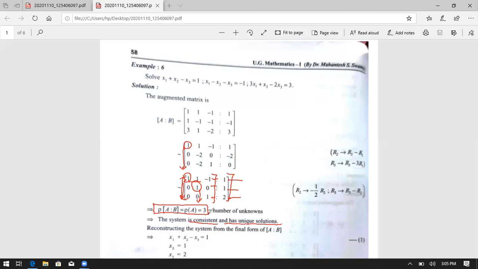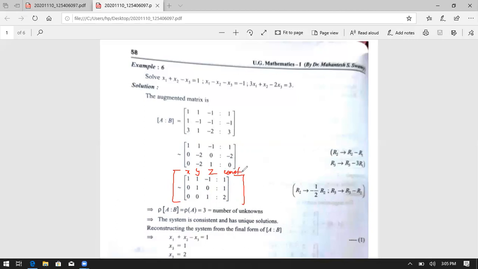That unique solution means the next step is to reconstruct the system from the final form of AB. Reconstruct means you take the coefficients of this matrix. Don't confuse this one. This is the X, this is the Y, this is the Z, this is the constant.